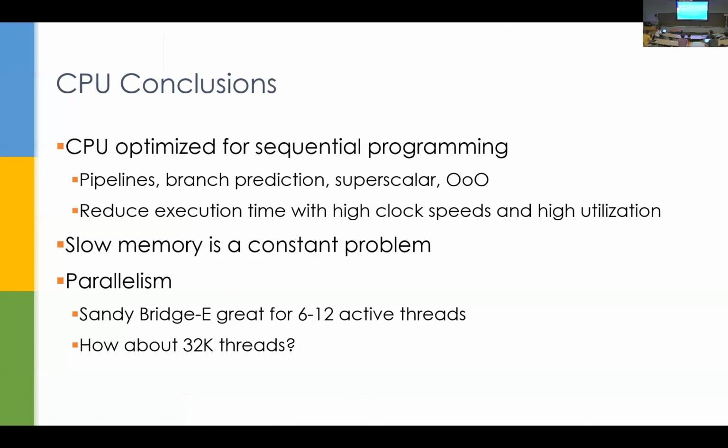So a standard CPU has 8 or 12 active threads. I think the Intel 11 series has up to 24 threads or 32 threads, which is great. But how do you get to 32,000 threads or 100,000 threads? By the way, I use 32,000 here because that's how many threads the GTX 980 can program.